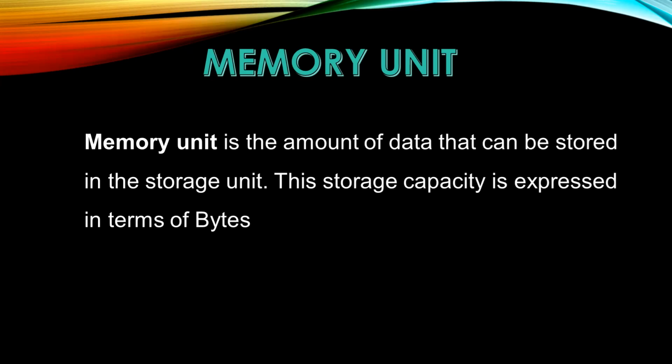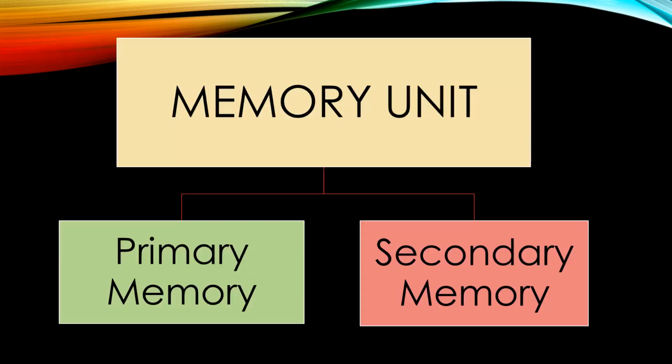So let's discuss this memory unit. Basically, memory is the amount of data that can be stored in the storage unit, and storage capacity is measured in units like bit, byte, kilobyte, KB, MB. So byte is the unit of memory. Here, the memory unit is primary memory and secondary memory.